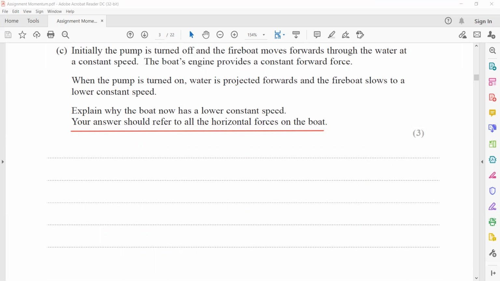So initially, why is there a constant speed? The boat was moving with a constant speed because the drag force, the force which is opposing the motion, was equal to the forward force.